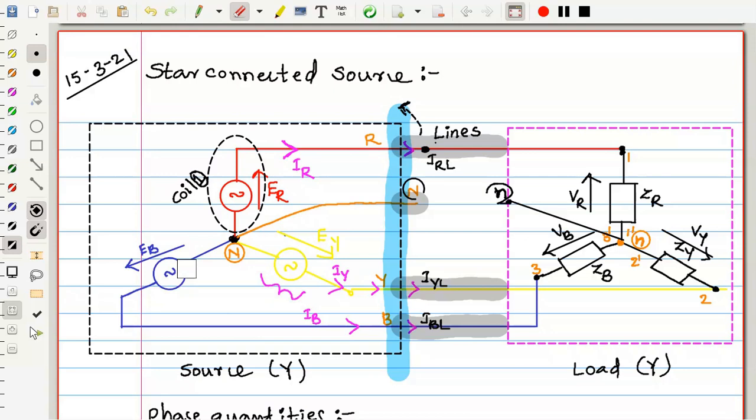Now, the voltage between any two of these phases may be like this: R2Y. Let me represent it here. This is one. Next is Y2B, second.